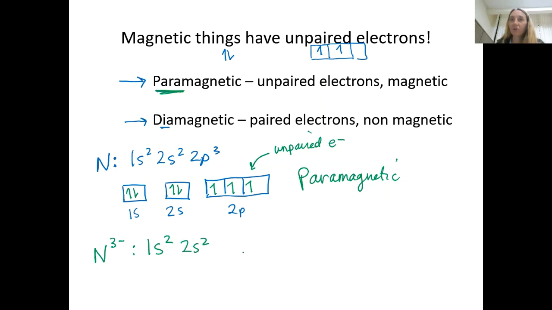The 1s2, 2s2, so this one is diamagnetic. And so if you have unpaired electrons, or ones that are in their box by themselves, then it's going to be paramagnetic. If all the boxes are full, it's going to be diamagnetic, okay?